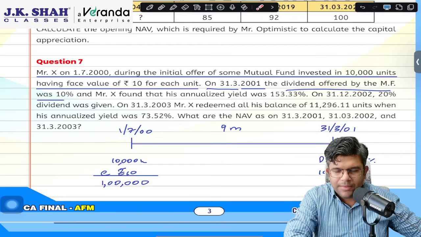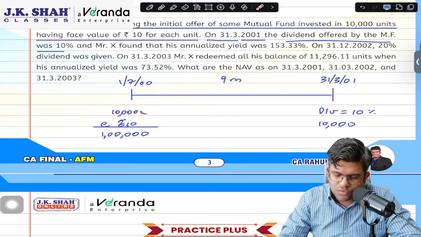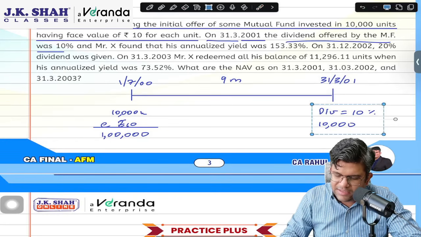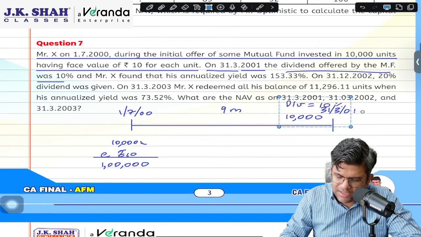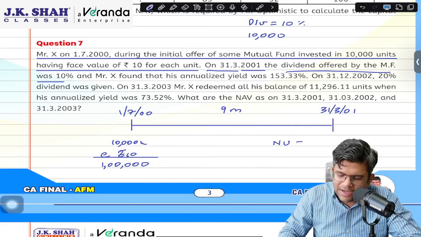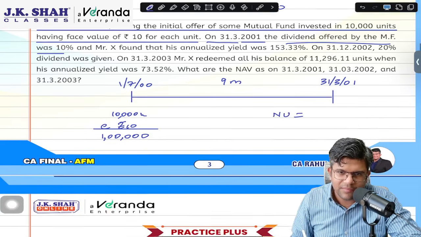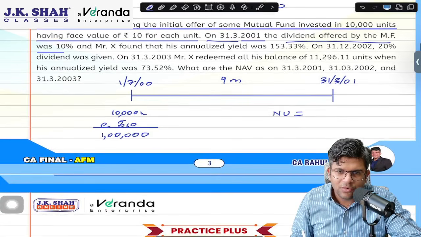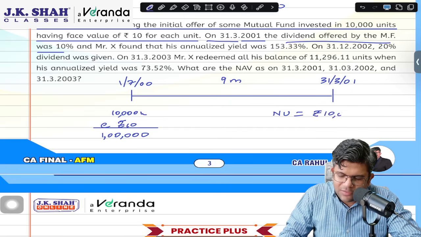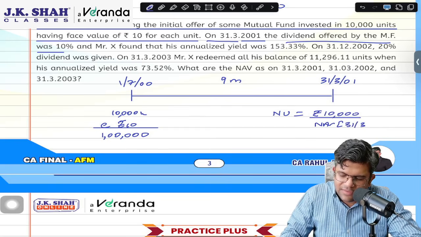Okay. So, students, can I therefore tell you that this dividend of 10,000 that we are talking about, you will not get as cash. Instead, you will get new units. Is everyone there with me? Now, how many new units will you get? You will get new units equal to 10,000 divided by NAV of 31/3/2001.